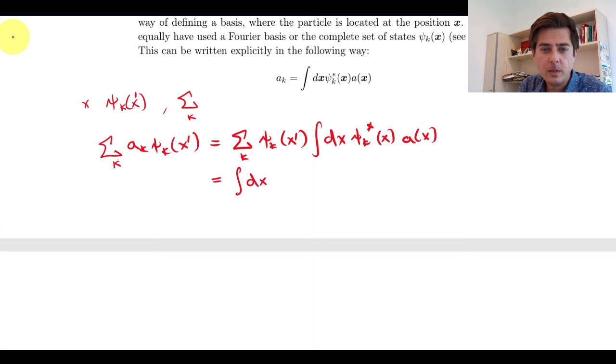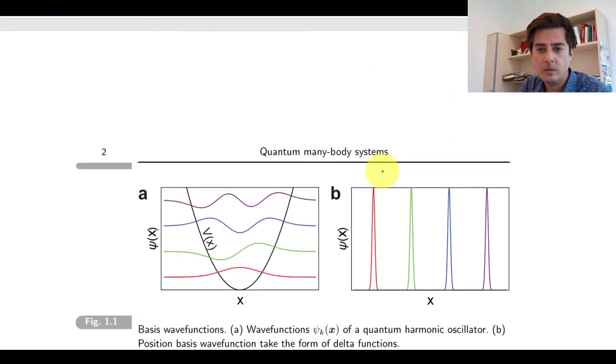So let's put the dx outside here, and so we've got sum over k psi k x prime.